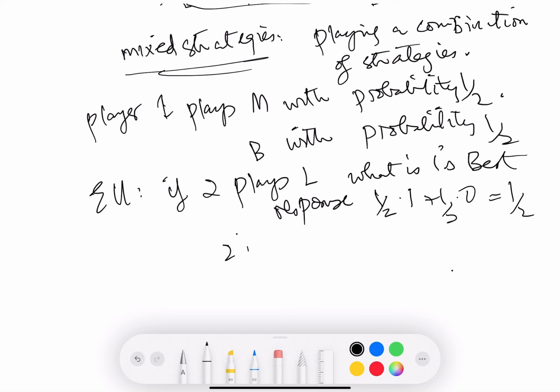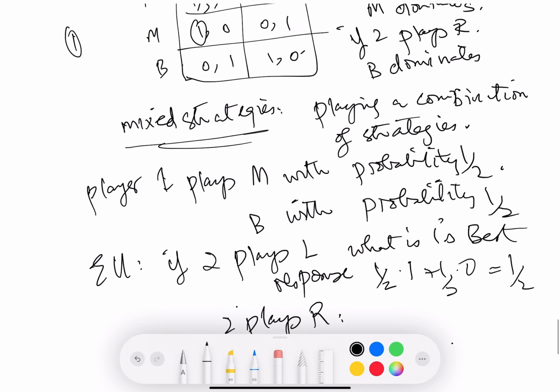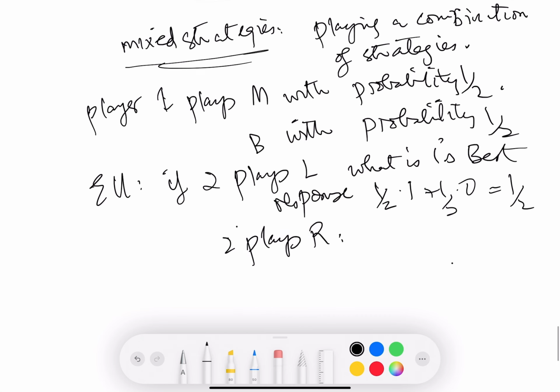If 2 plays right, what will 1 get? Well, with 1/2 playing M gets 0, and 1/2 playing B gets 1, equals 1/2.